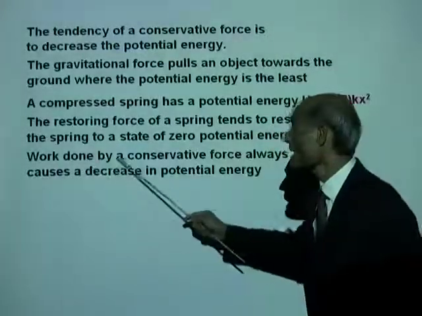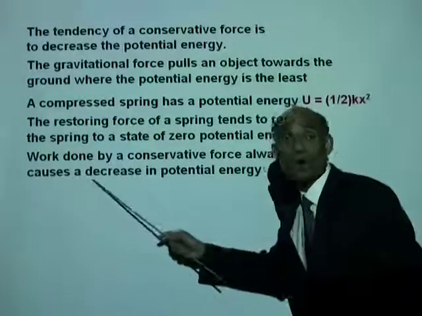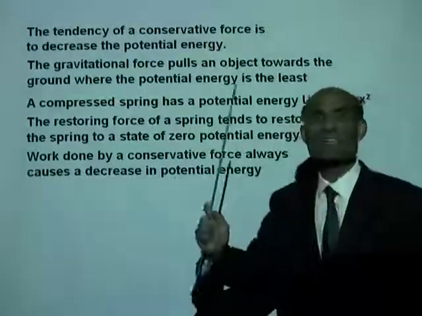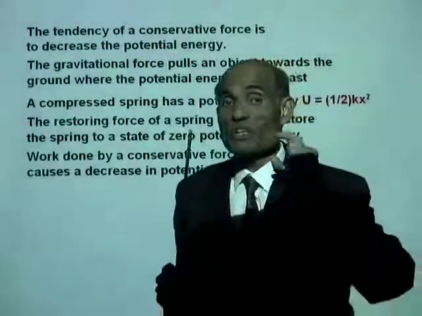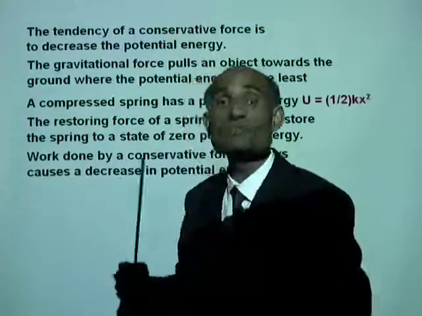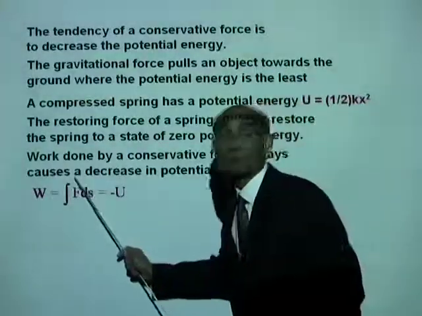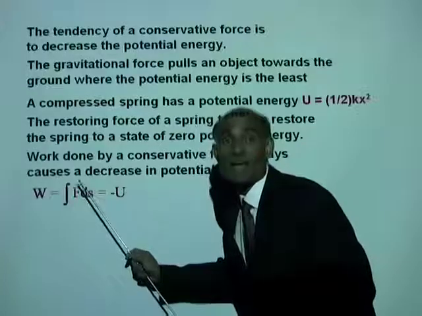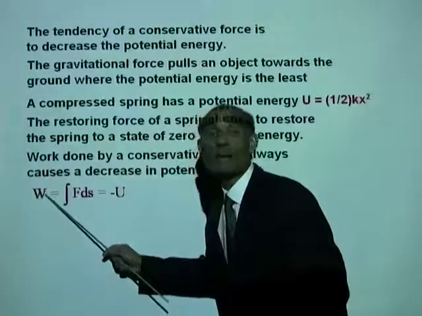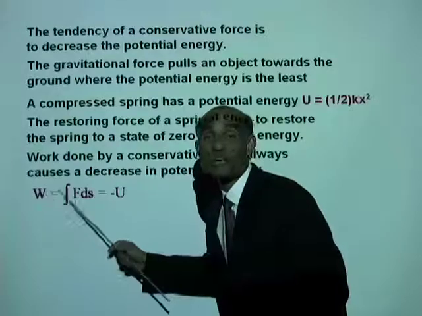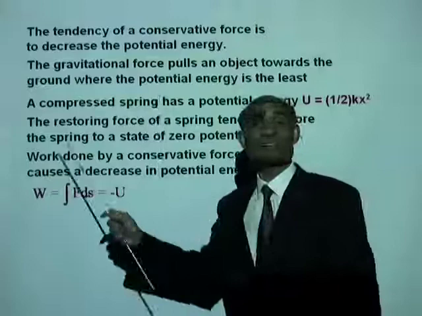Therefore, work done by a conservative force always causes a decrease in potential energy. And whenever you want to denote a decrease, we will use a negative sign. Is that right? So, the work done by a conservative force, if W is the work done by a conservative force, its tendency is to decrease the potential energy.